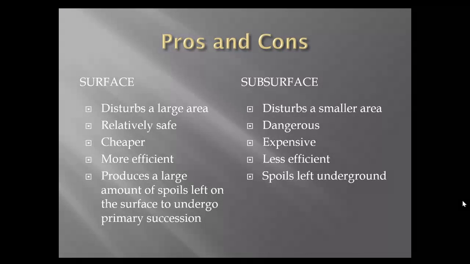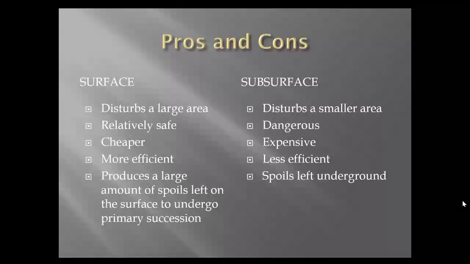It's a lot of disturbed land. But it is relatively safe for the people who work there. Maybe not for the communities around it, because there can be a lot of air pollution and water pollution. But for the workers, it's safer. It's much cheaper, and it's pretty efficient as well.